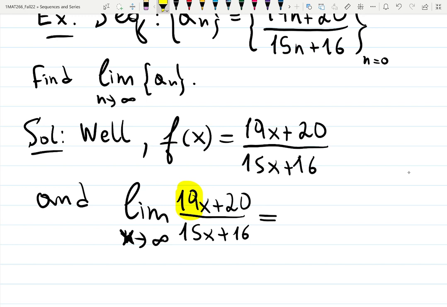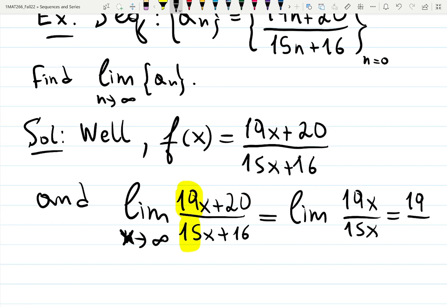Find the leader of the bottom, 15x. So the limit will be 19x over 15x. The answer is the ratio of the leading coefficients. That's the behavior of polynomials in the long run at infinity. Not n, it's x. So the limit for the function is known.